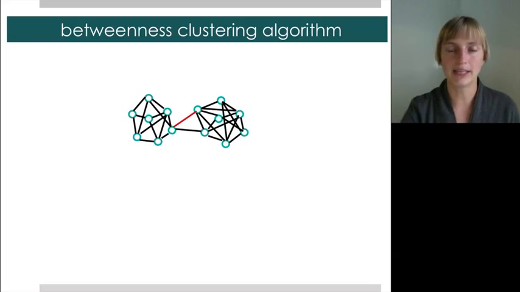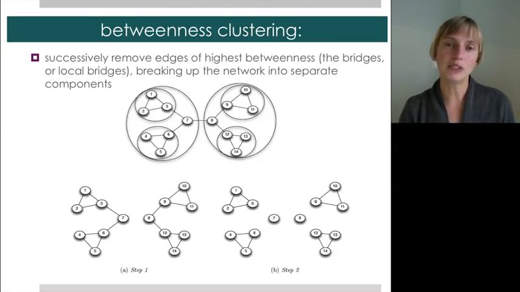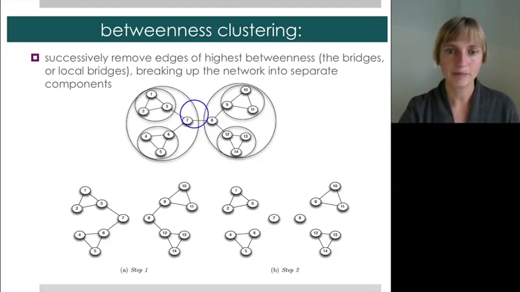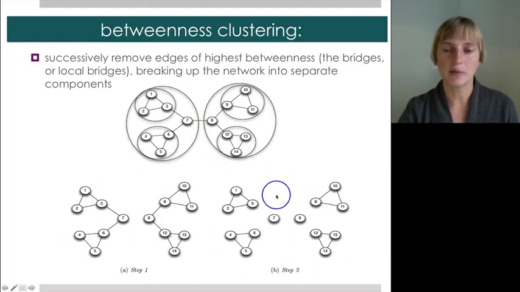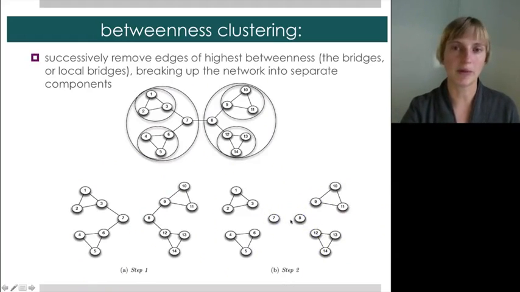But we'd find the next one, remove it, find the next one, remove that one. By doing this iteratively, we get successively finer and finer communities. For example, first separating into two disjoint communities, and then four smaller ones plus two nodes which become isolated.